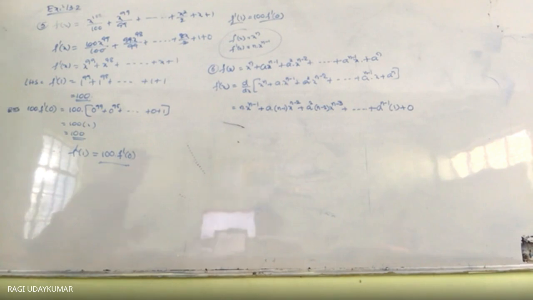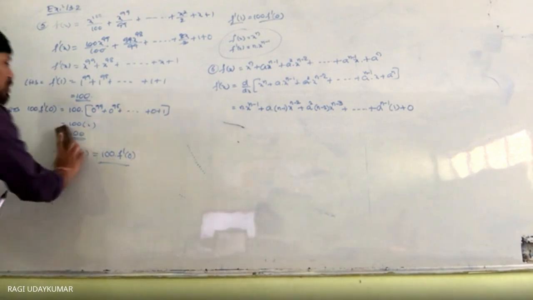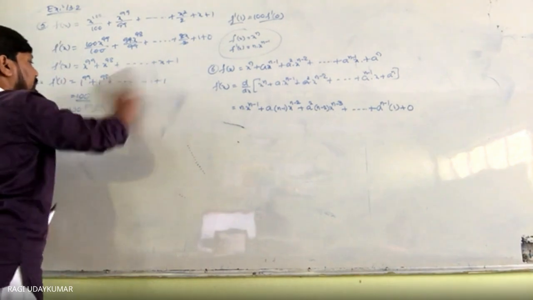Third problem, seventh bit. Let us see here. You may fail every problem. Quotient rule, I think you know that.